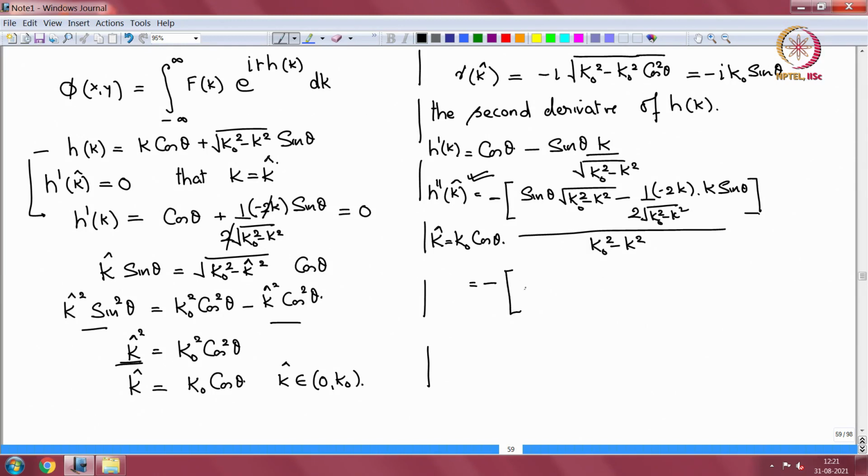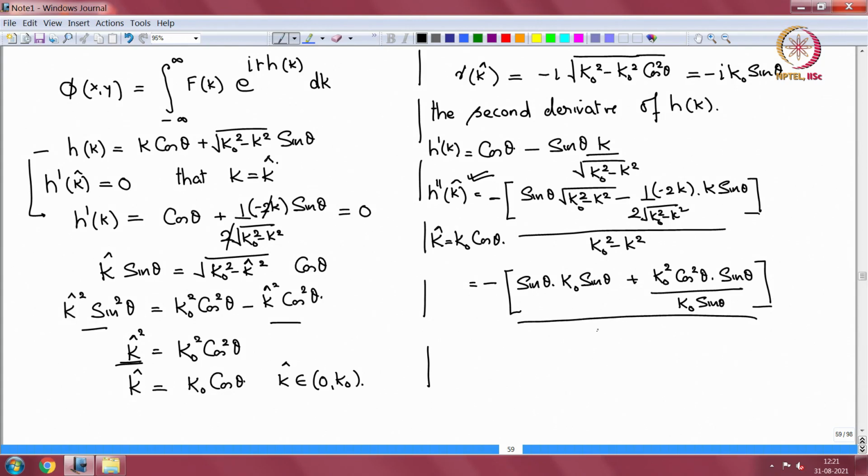So I get minus sine theta into k0 sine theta, then plus k0 squared cos squared theta sine theta by k0 sine theta, divided by k0 squared sine squared theta.